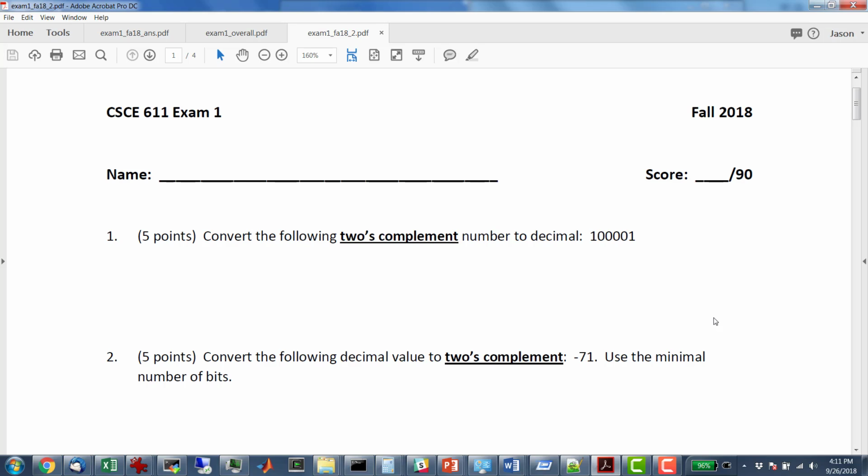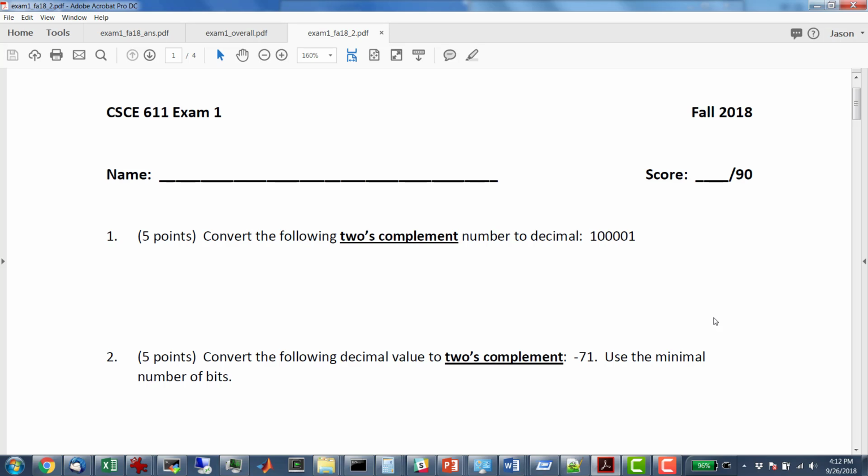Does that make sense? Now you might say, why do you have to add a bit? Well, it's because when we converted 71 from decimal to binary, we got 7 bits. That was the minimum number of bits to represent 71 as an unsigned number. But to make it 2's complement, we had to add that extra bit because 2's complement requires the sign bit.